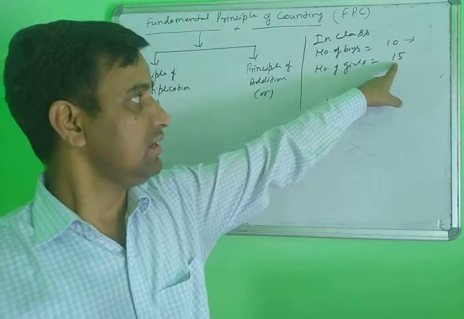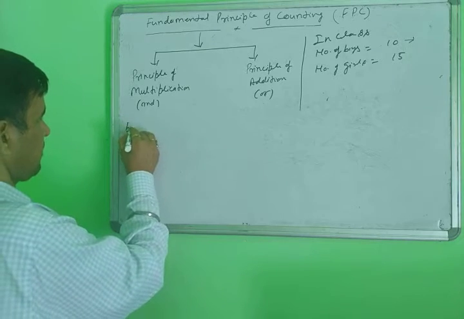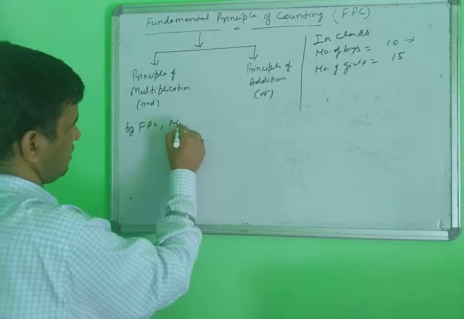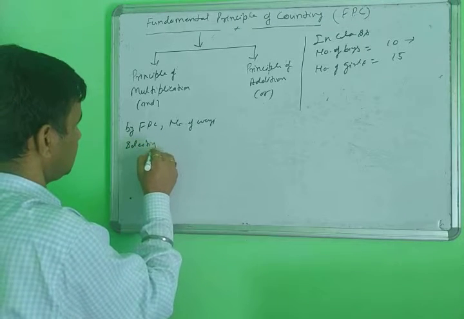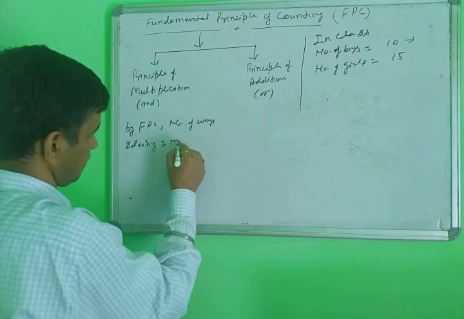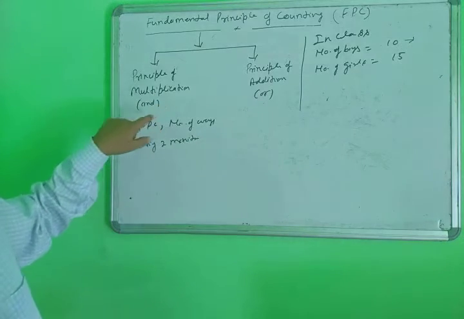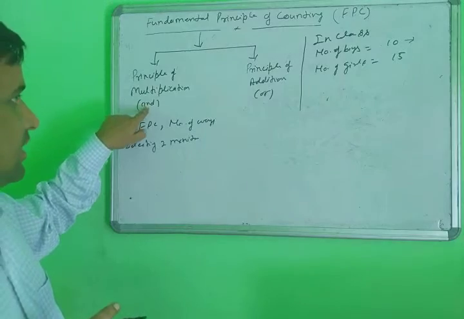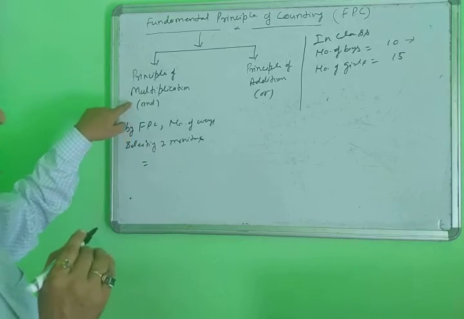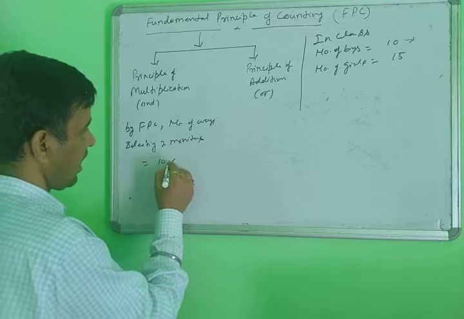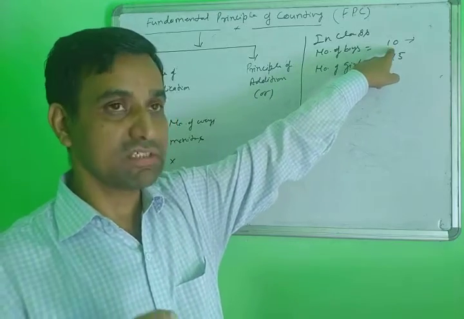The number of ways of selecting a girl is 15. So by FPC, the number of ways of selecting two monitors: since they are independent, 10 ways for the boy and 15 ways for the girl.